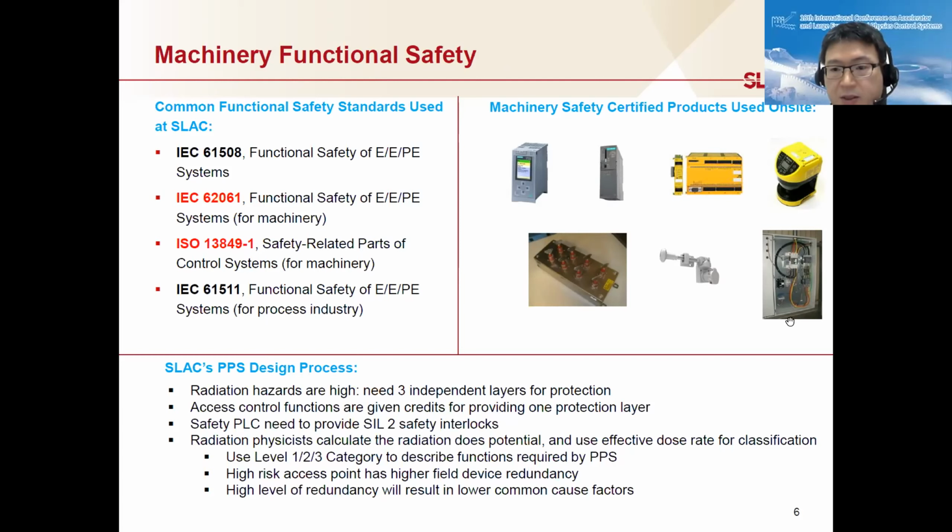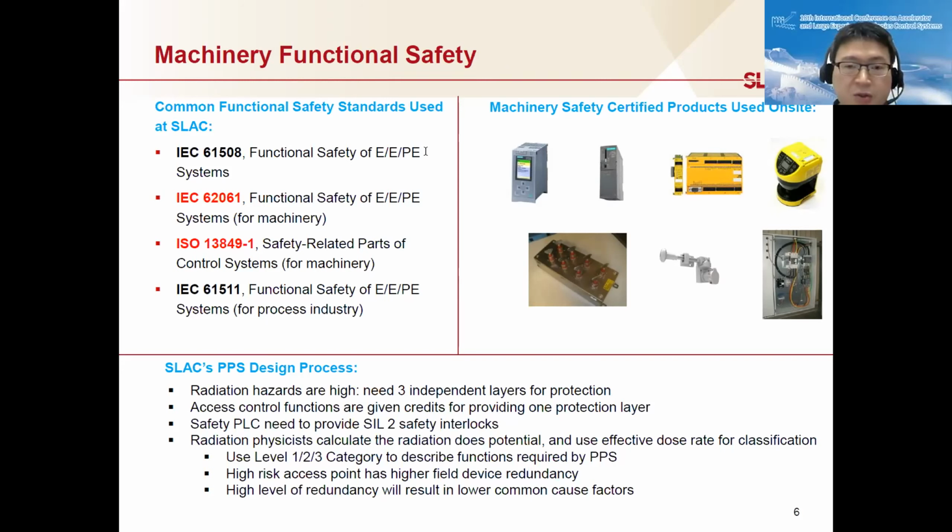And this is a circuit breaker we use to shut off the solid state amplifier or the modulator to turn off the RF. All the certified circuit breakers can be used as high as a CO2 level of protection.